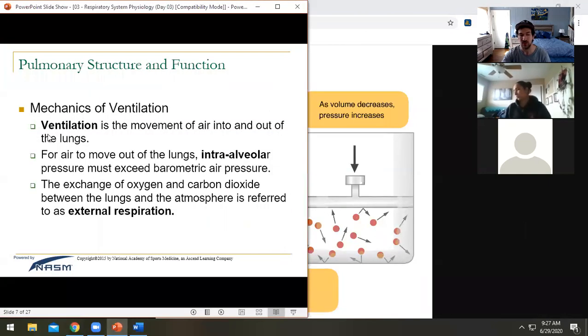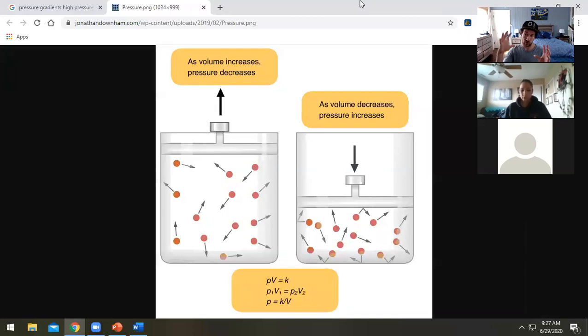So if we go back to our slides, if we look at what the process of ventilation is, for air to move out of the lungs, you have to have pressure that is greater than the air pressure. So when you contract your lungs, you are basically pushing down like this. And now all of these O2 molecules are so close together, nature's like, ugh, gross, all the oxygen's close together.